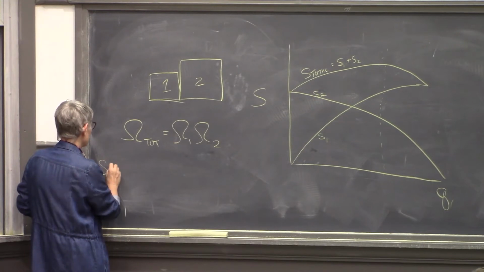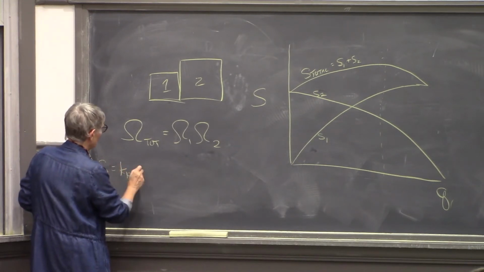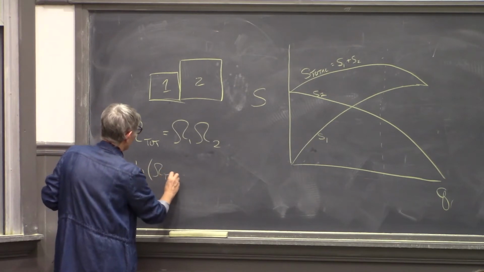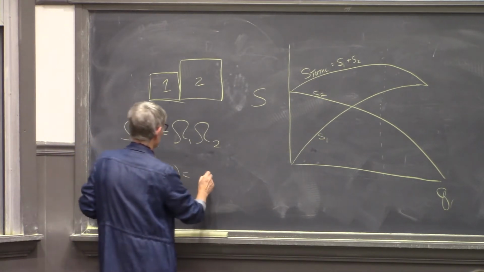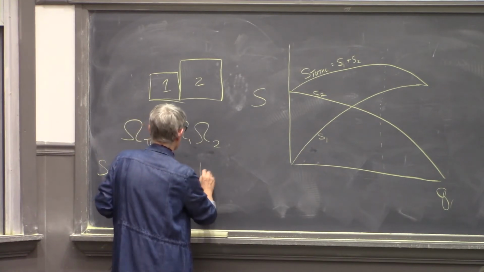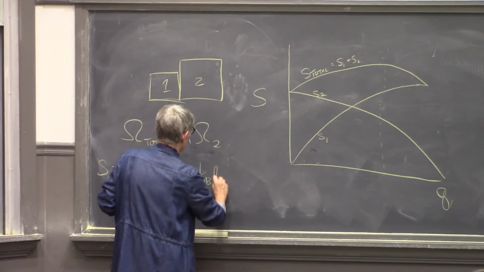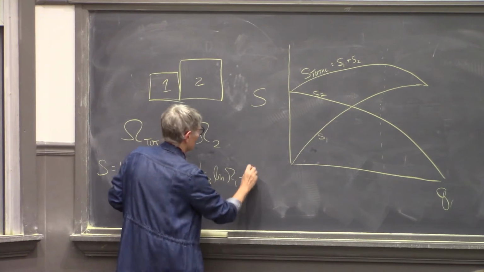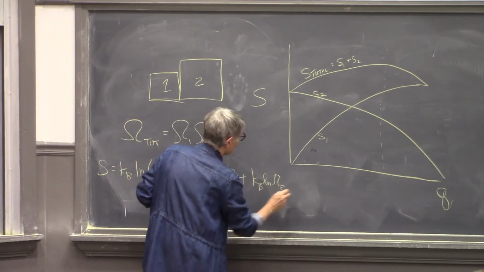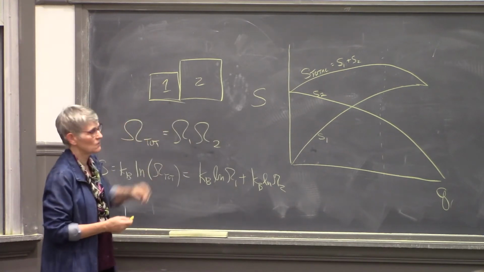So S is the Boltzmann constant times the natural log of omega total, which is equal to, remember, we add logs here. So this is the sum.